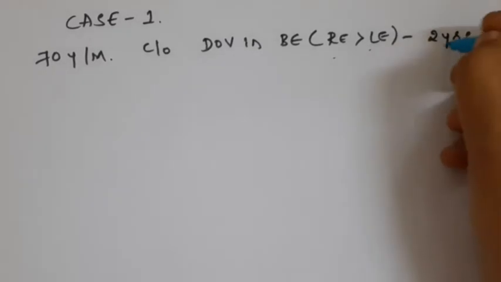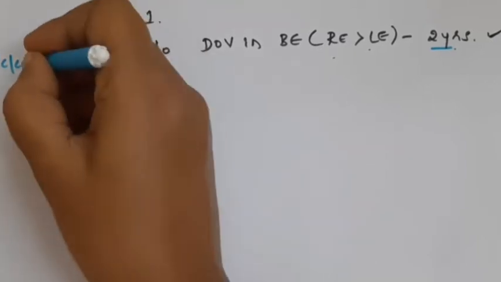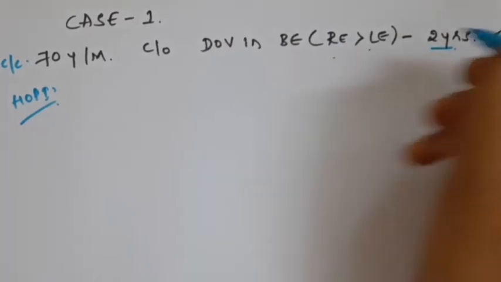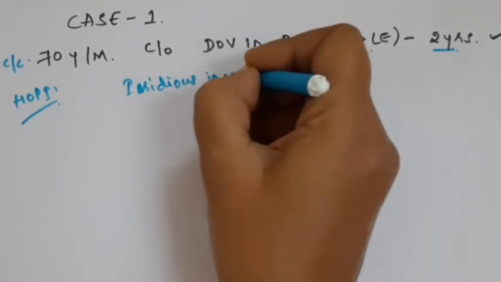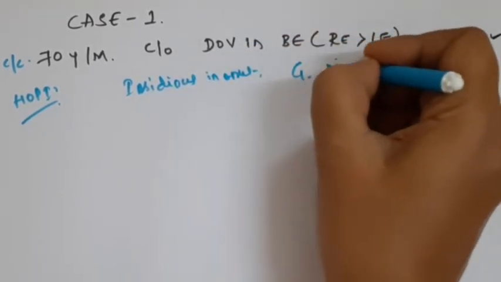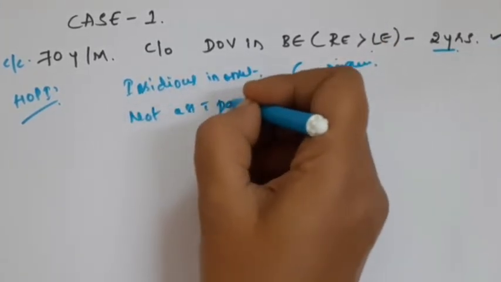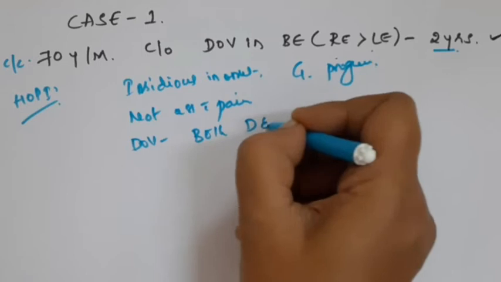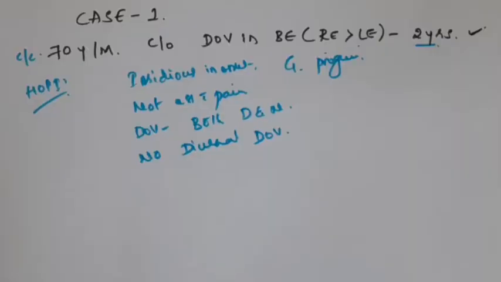In your HOPA, the diminution of vision since 2 years, which is insidious in onset and gradually progressive, not associated with pain, and diminution of vision is there both for distance and near. There is no diurnal variation of diminution of vision, that is, no variation in day or night.